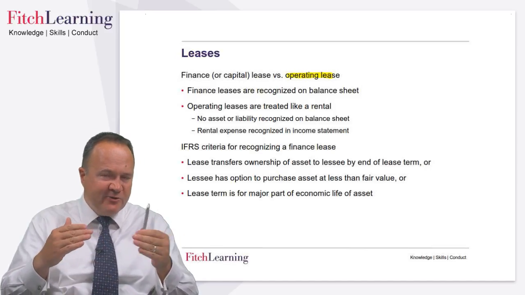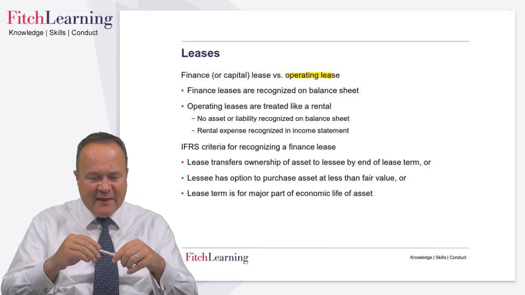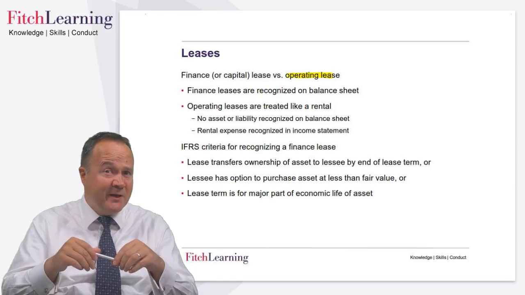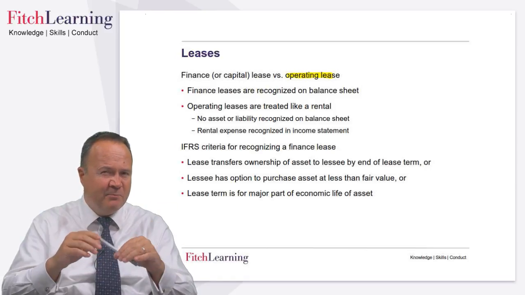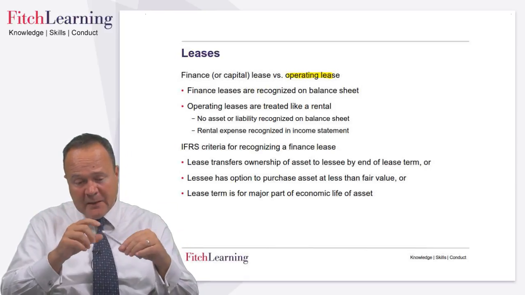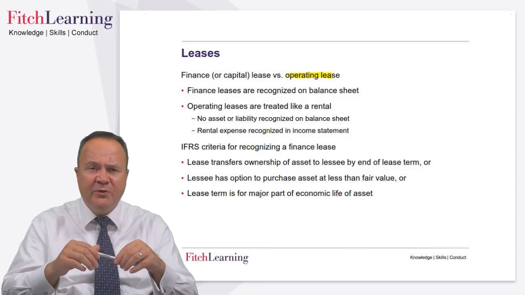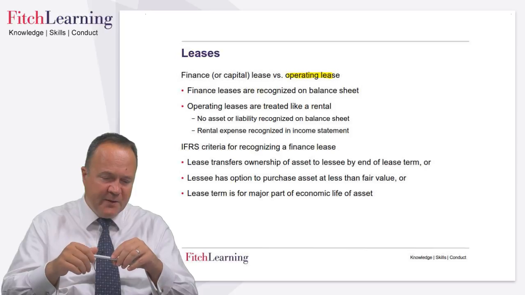Over the years, the criteria have allowed some abuses to happen. So there are many companies out there who have operating leases which aren't particularly short-term. So as we've seen when we look at the criteria, it can be abused to an extent.